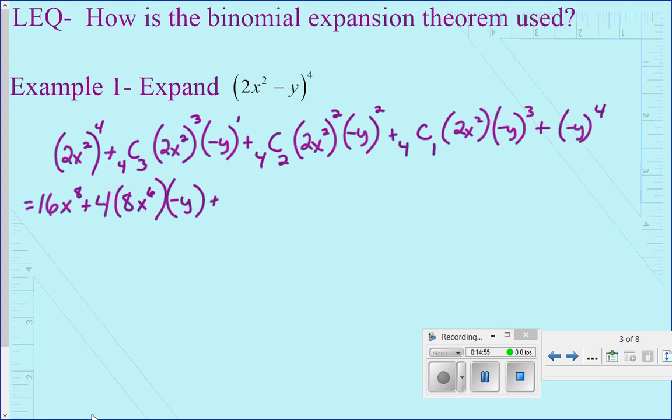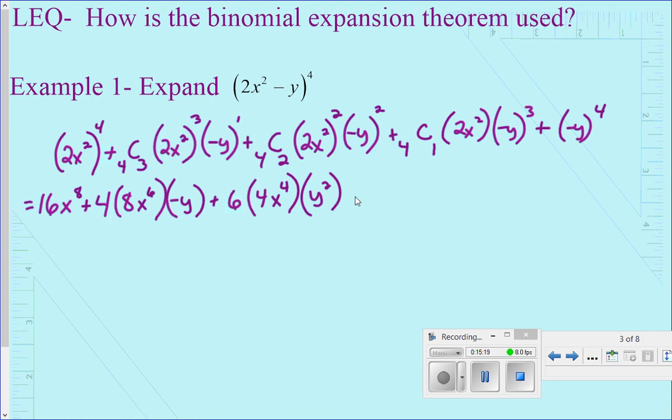Plus sign. I did 4C3, and now I'm on 4C2, and 4C2, if you type that in the calculator, that's 6. So 6 times, I'm going to go ahead and square 2x squared, so 2 squared is 4, and x squared squared is x to the 4th. And that's times negative y times negative y is positive y squared.